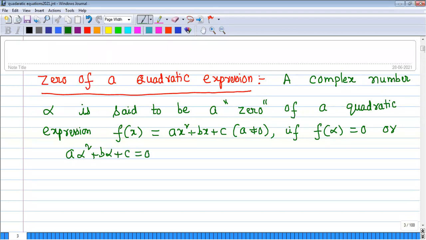That means if you substitute alpha in the place of x, if you get 0, then that alpha is said to be zero of the quadratic expression or quadratic polynomial also.